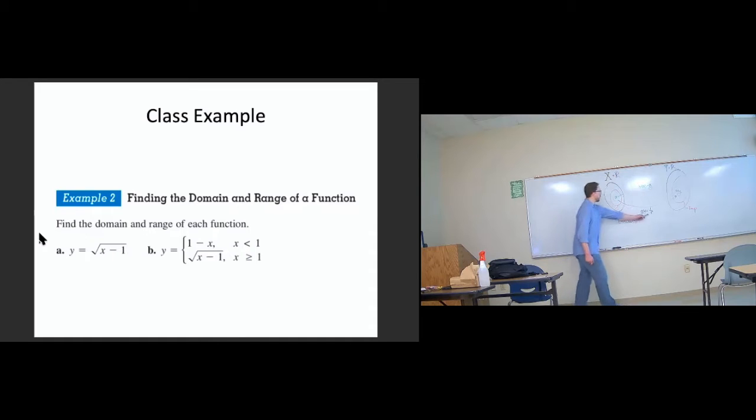So here, we don't get anything out if we put 0 in, right? So 0 is not in the domain. And then the range is all of the numbers your function will spit out.